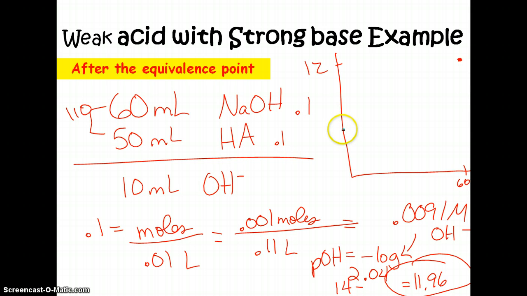So it was 3.14 at 25 mL. So let's see, 50, 40, 30, 20, 10. So 25 mL, 3.14.